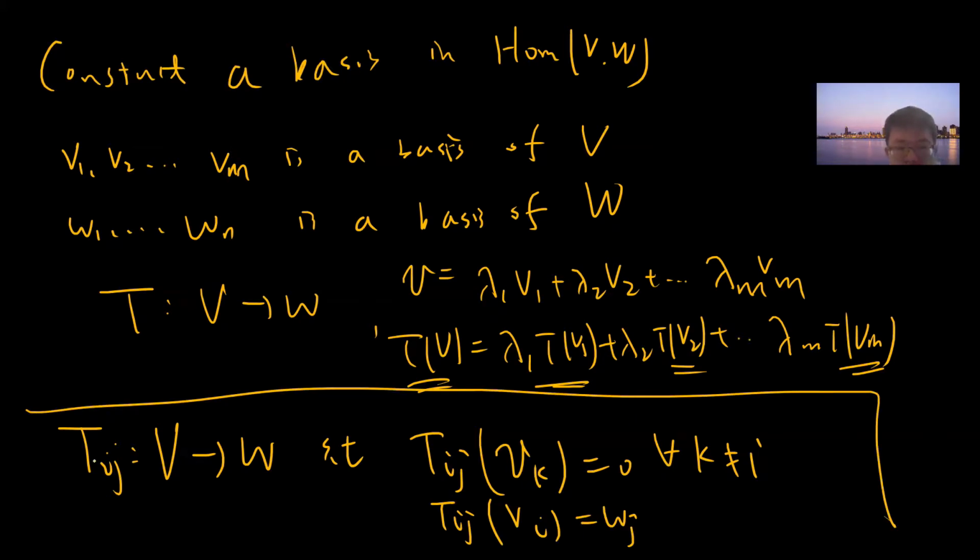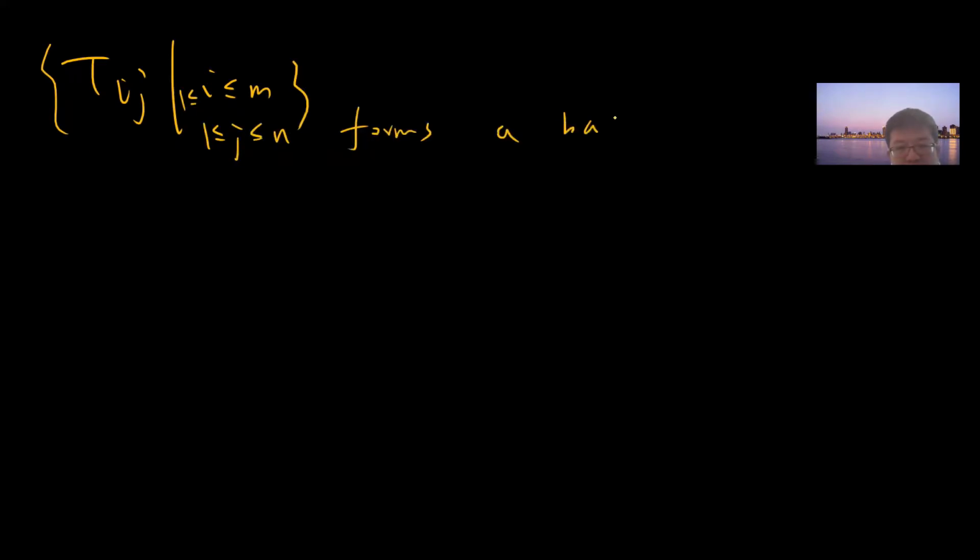So I construct a family of linear maps such that T_ij vk is 0 if k is not i, and if k is i it maps to wj. How many T_ij do we have? We have m times n of them. The result, as I think you guys already guessed, is that the T_ij form a basis of Hom(V, W).